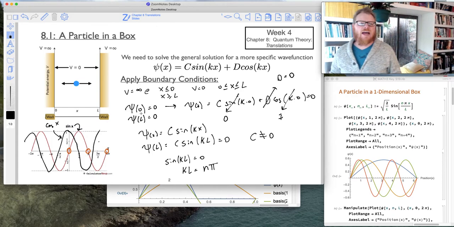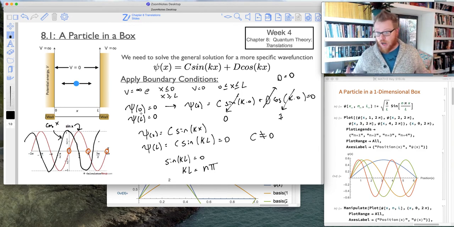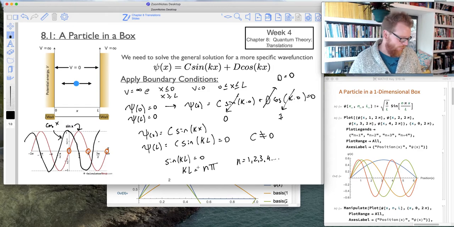And we also want to establish this for positive numbers. We're going to say that n equals 1, 2, 3, 4, etc., because for each kL, if kL equals 1 pi, we know that's going to make it equal to 0. If kL equals 2 pi, that's also going to make it equal to 0. So now, not only have we established solutions, but we've established solutions for various integer values n.